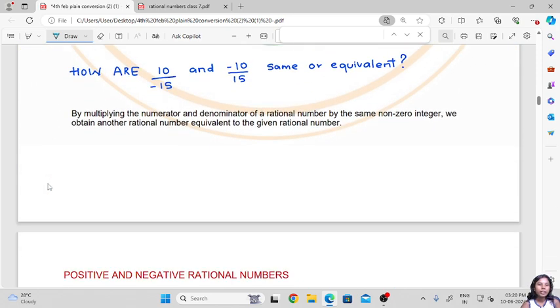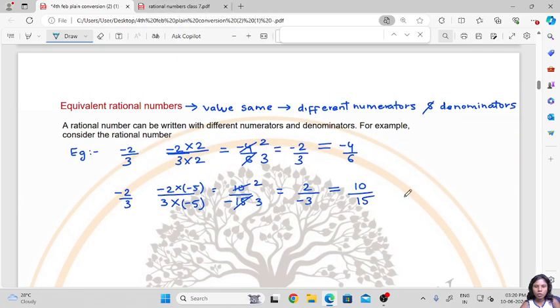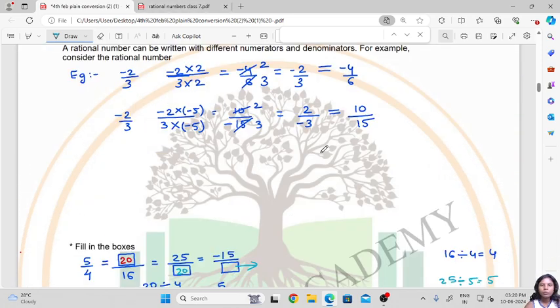So now moving ahead, previously in this example, in the first case we got a value of minus 2 by 3, and in the second case we got a value of 2 upon minus 3.